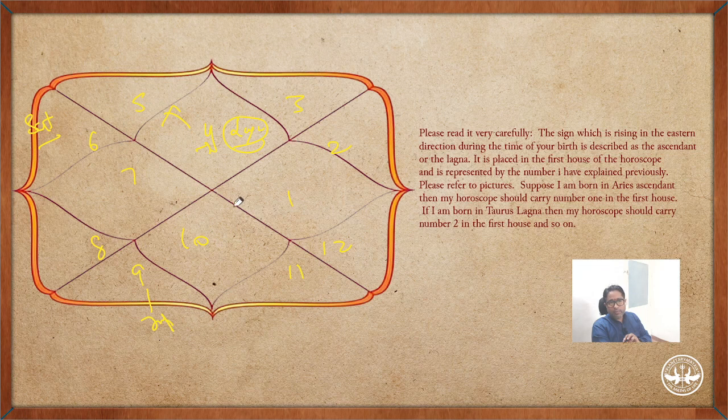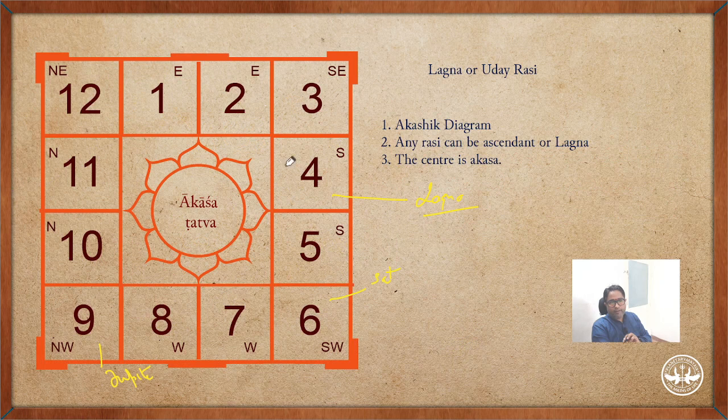The rashis keep on moving and the houses are stable. In the South Indian chart, we have rashis stable, but houses are moving. They keep moving. Like it can be 1, it can be 2, it can be 3, 4, 5, 6. So these things have to be understood.